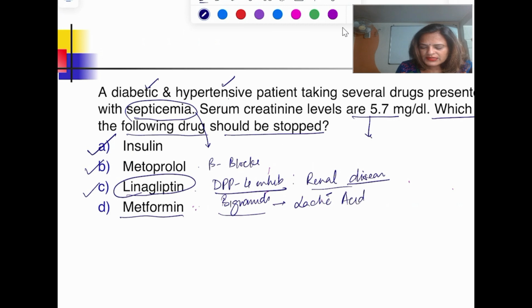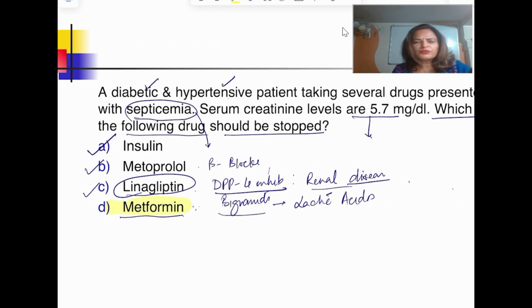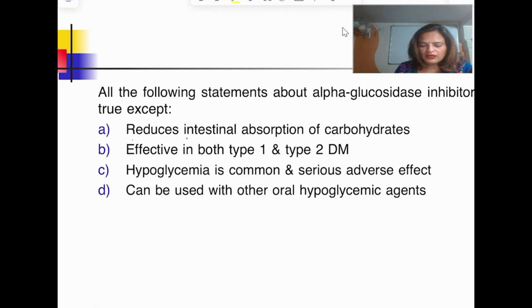Lactic acidosis. So what is the choice here? It is metformin. You can see the majority of the questions are from metformin. This is the drug of choice in type 2 diabetes mellitus, so you will be getting many questions on metformin.